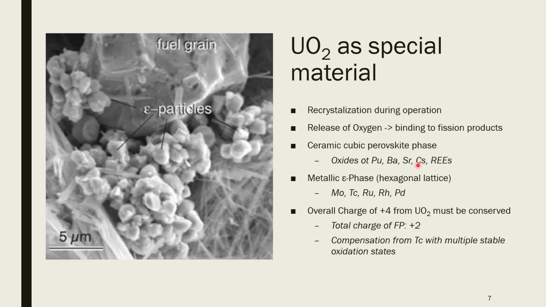You can end up with a whole bunch of very interesting chemicals inside of this. So some of these elements prefer an oxidation state other than +2, so you need to compensate for that to balance out all of the charges. For example, technetium can stabilize the oxidation states of 0, +4, and +7. So this is quite an important element for stabilizing or compensating the overall charge of the fuel pellet itself. Very simplified, right? Don't kill me, please. In general, but also for this slide.